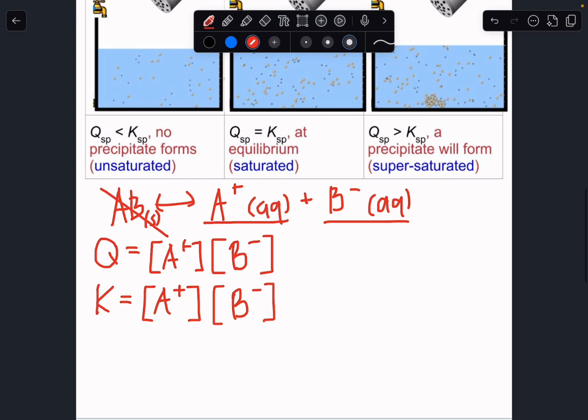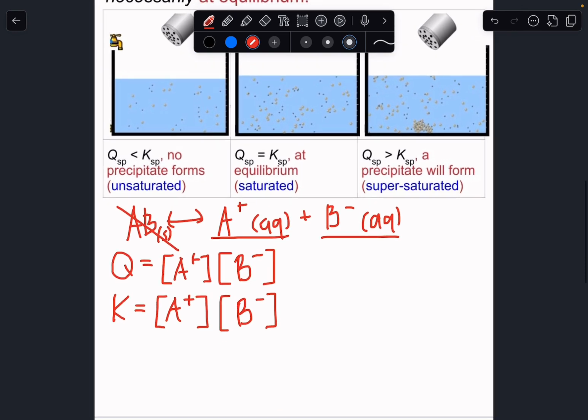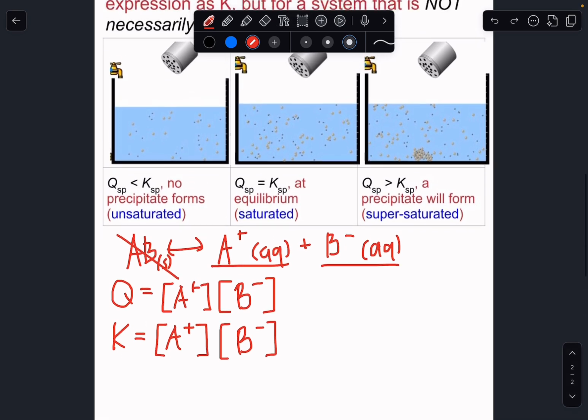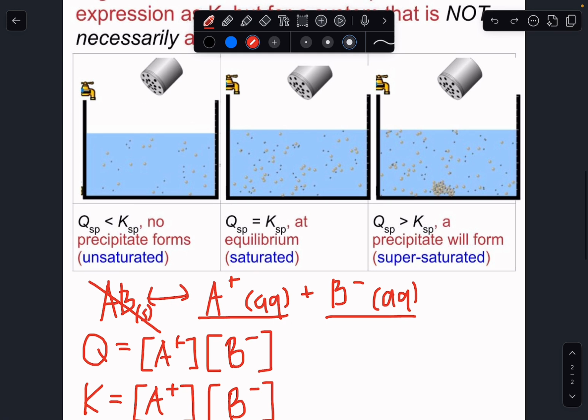Since Q is like a snapshot of what your solution looks like at the moment, you can use Q to see whether your solution needs more solute to reach equilibrium, or if it needs less solute to reach equilibrium.